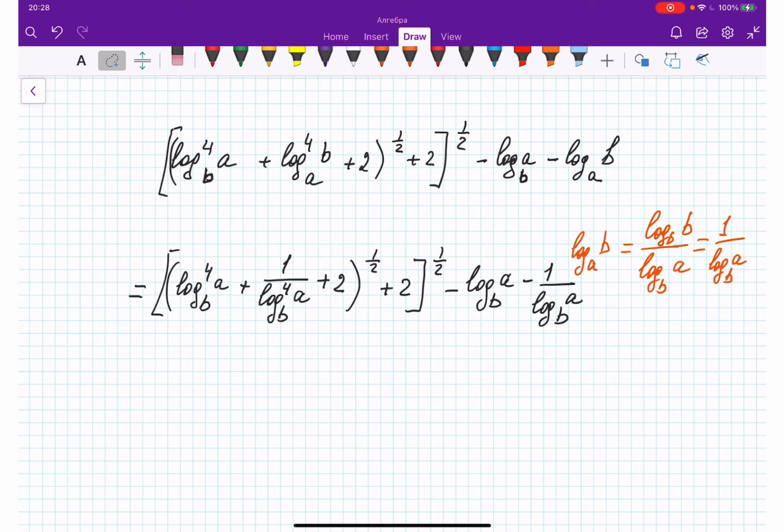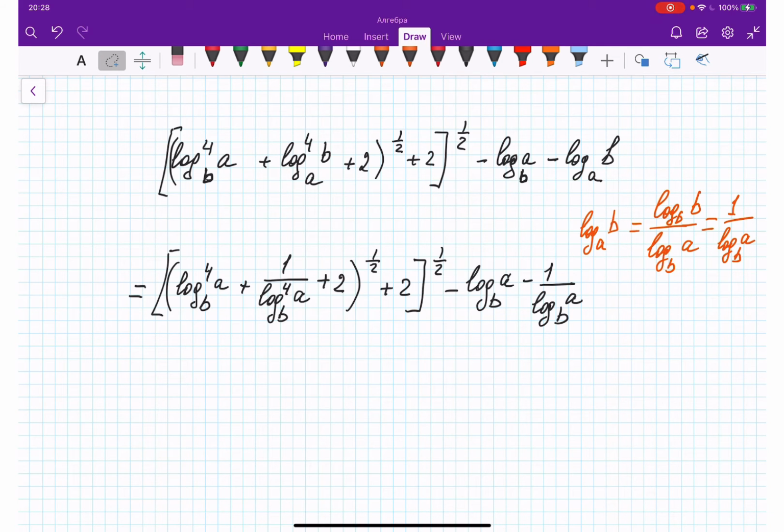So I switched all logarithms to base b. So now it will be easier to operate.